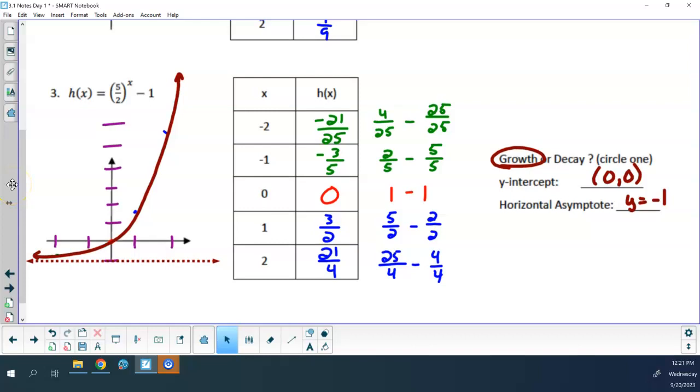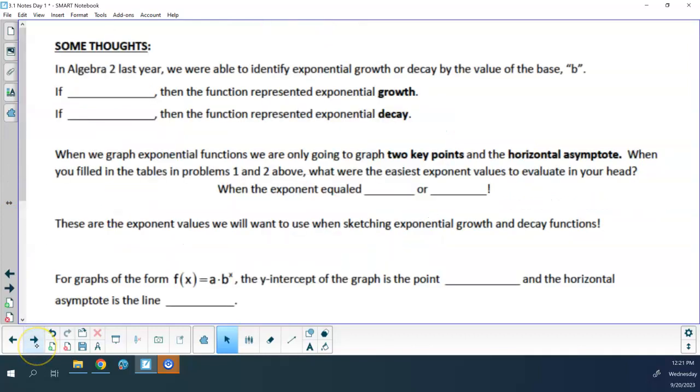Got it? So, a couple of things to remember from Algebra 2, when you were in the 2s last year. If our exponential equation is y equals a times b to the x power, then we are going to be an exponential growth if b is greater than 1.